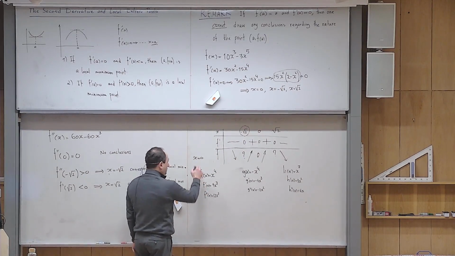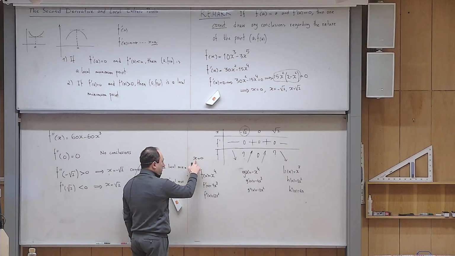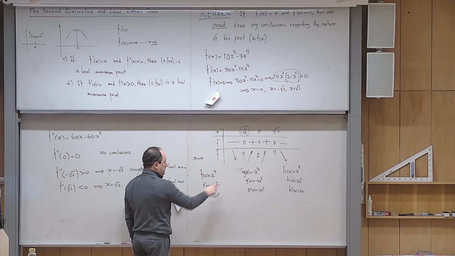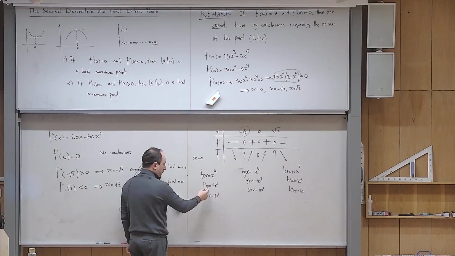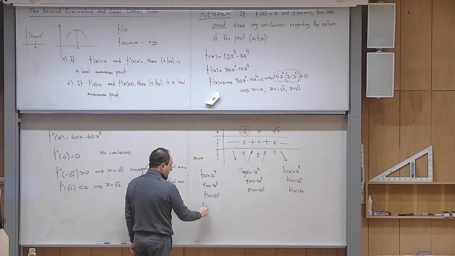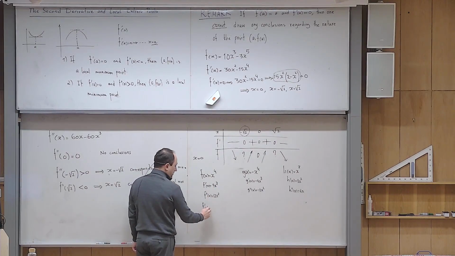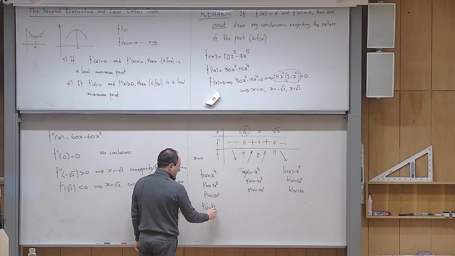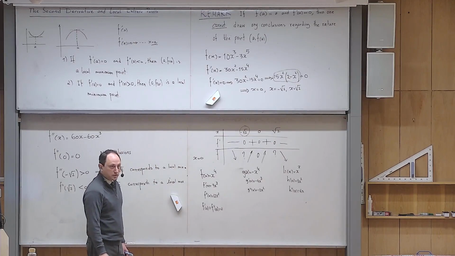Now I calculate the first and second derivatives for these functions at 0. Okay, if I do that, what is f prime of 0? I put 0, it becomes 0. What is f double prime of 0? I put 0, it becomes 0. So you see, both of them are 0.